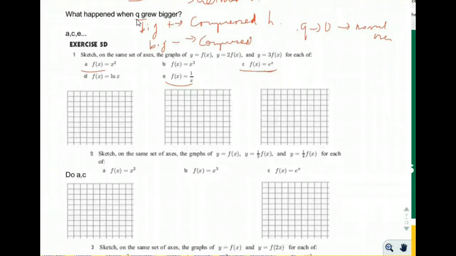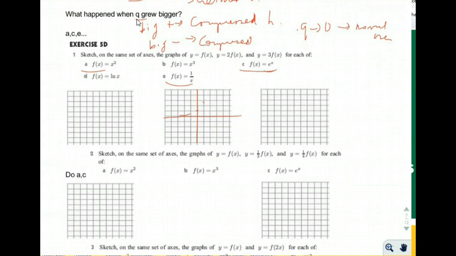Well, first we draw a normal e to the x. We draw our axes. If you remember e to the x, like all exponential curves, as long as there's no multiplier in front, it crosses at 0, comma 1. And then at the value x equals 1, e to the x becomes e to the 1, which is like 2.71.